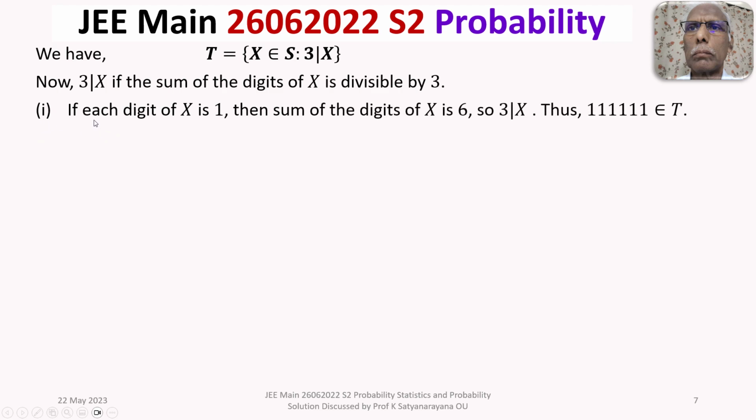First, if each digit of X is 1, that means the number is 1, 1, 1, 1, 1, 1, six ones. Then the sum of the digits is 1 plus 1 plus 1, 6 times, that is 6. 3 divides 6, therefore 3 divides X. Thus this number, six ones, belongs to T.